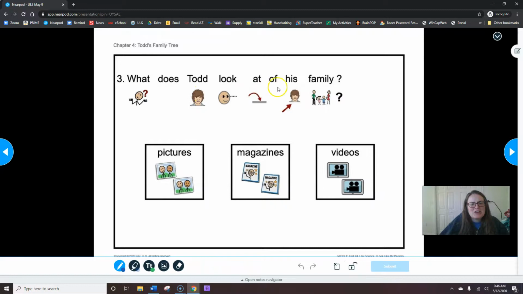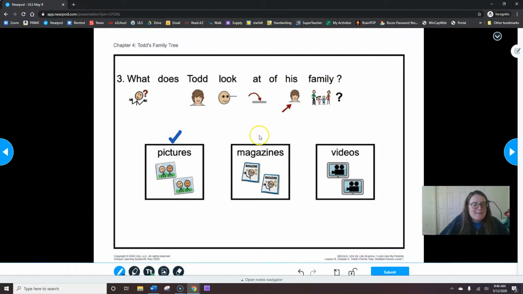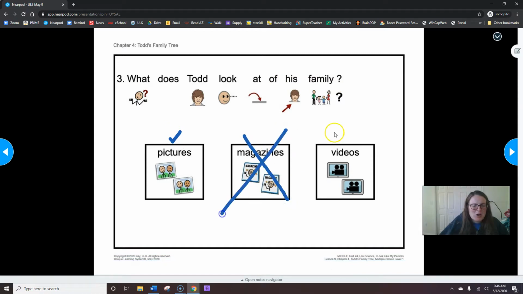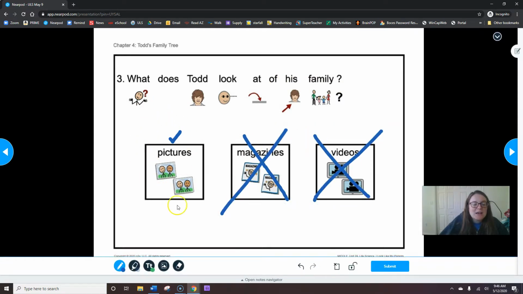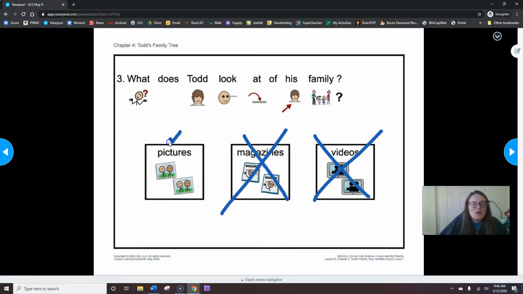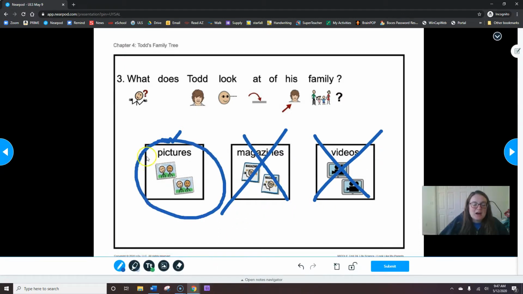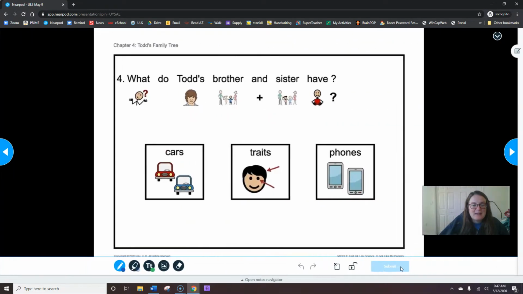What does Todd look at of his family? Is he looking at pictures, magazines, or videos? He looks through pictures to see who he looks like and the similar traits. So I circled pictures, you circle pictures, then hit submit.